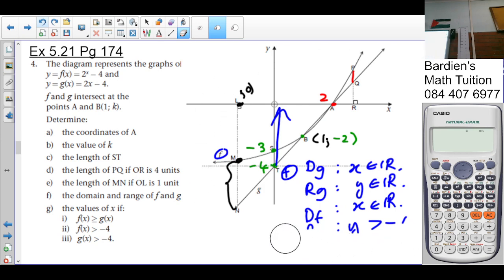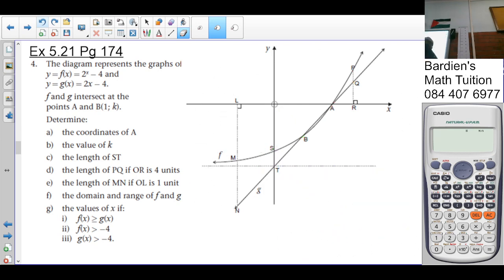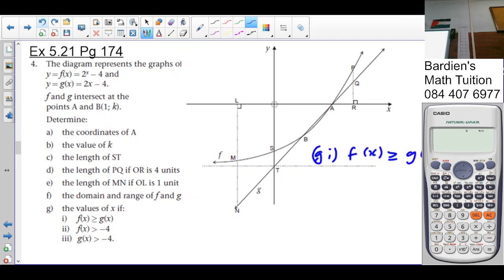Alright, so I'll take all this information off here. G, number 1. For which value or values of x is f of x greater than or equal to g of x? Is f less than or more than g of x? More than. So that's what I'm interested in.